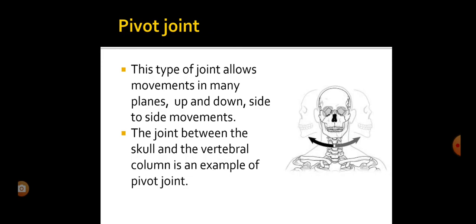Next is the pivot joint. This is another type of joint that allows movement in any plane. It allows up and down movement and side to side movement also. We can see this in our neck portion. The joint between our skull and the vertebral column, our neck, is an example of a pivot joint.